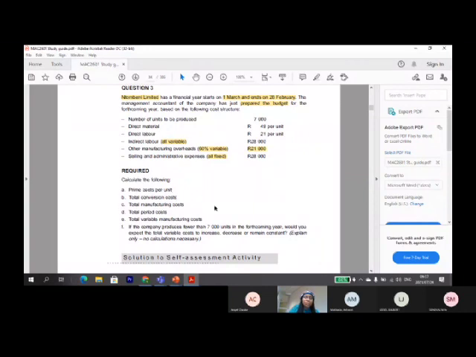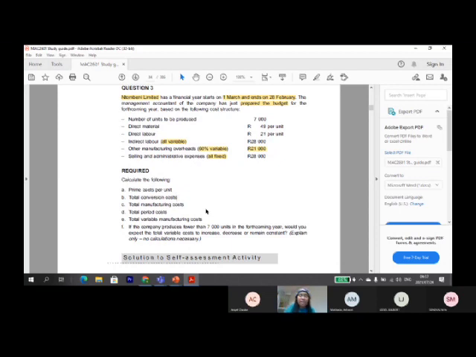Then they ask you to also do a conversion cost. So you see, this question is nice because they're forcing you to recall the principles that we just mentioned now. What is the conversion cost? Remember I said it's cost that goes with converting certain things in order to form part of the finished product.